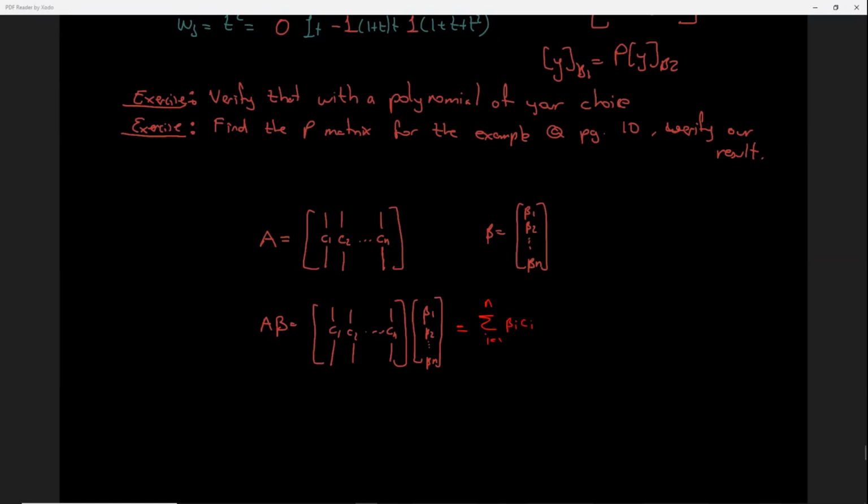Or we can say it like this: this will be equal to beta 1 c1 plus beta 2 c2 plus beta n cn. It's going to be the n by 1 vector times b. So this is m by n, this is n by 1, and A times b is also n by 1.